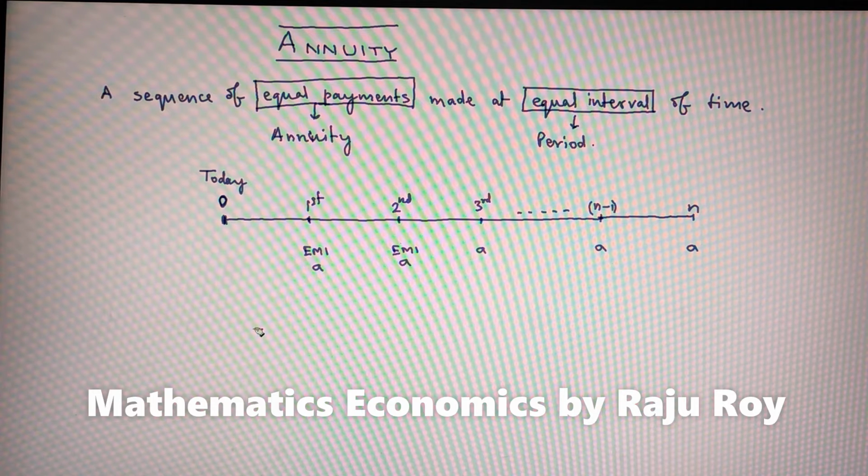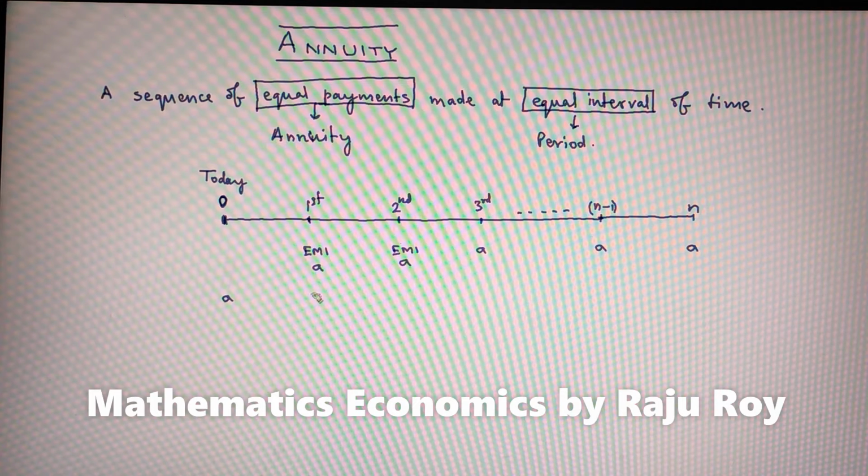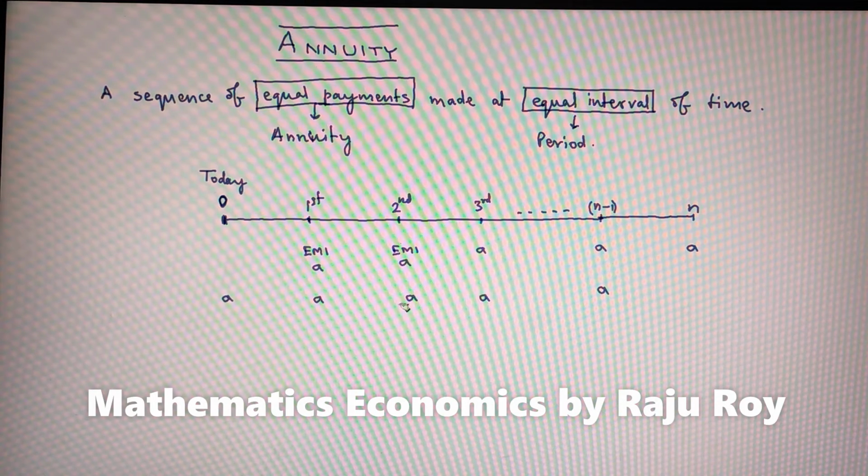Now in some cases you may start paying EMI from here itself, and you end up here. If you count from here to this place, it will come to n equal EMIs.